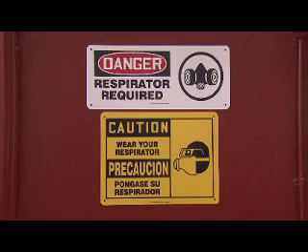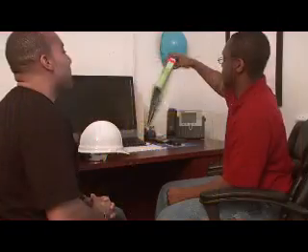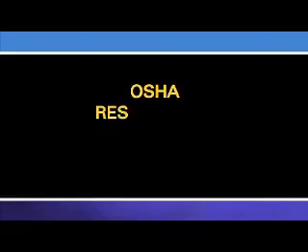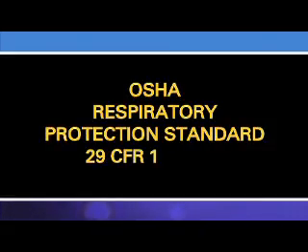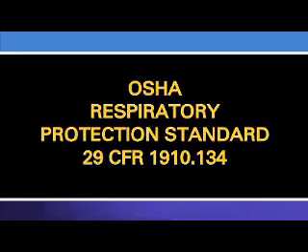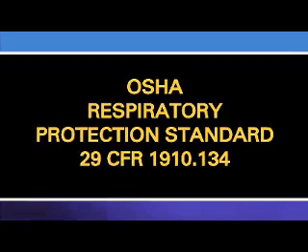When respirators must be used in your workplace, your employer must have a respiratory protection program. This program must meet the requirements of either the federal OSHA or your state OSHA respiratory protection standard.